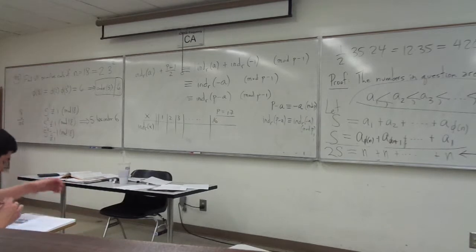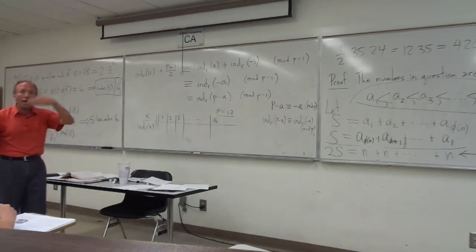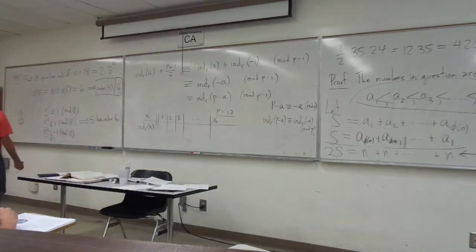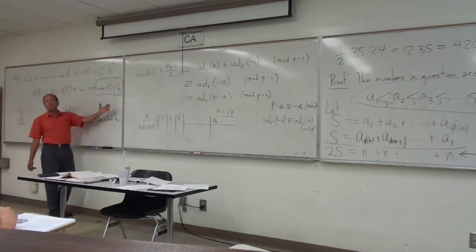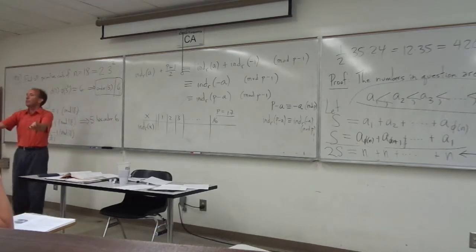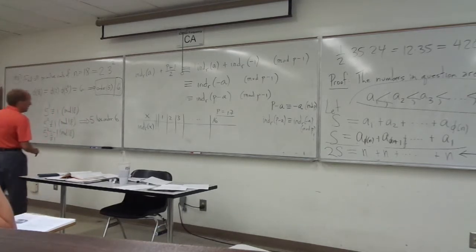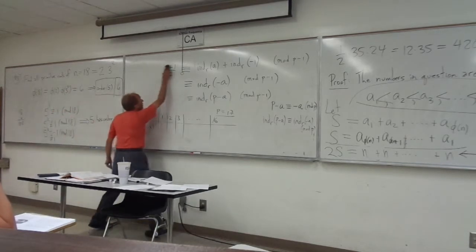You don't get 1, so therefore the order has to be 6. You don't actually have to do 5 to the 6th. Those of you who are looking for ways to save time on the test, you don't have to check 5 to the 6th because Euler's theorem tells you that every number raised to the phi of n power will be congruent to 1 mod n. So we have 5 as order 6. Okay, so that's one primitive root.